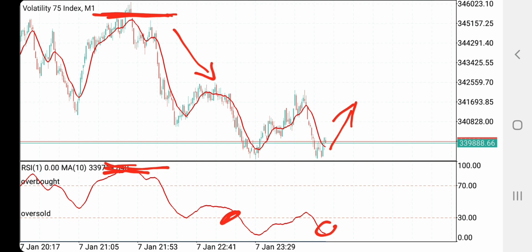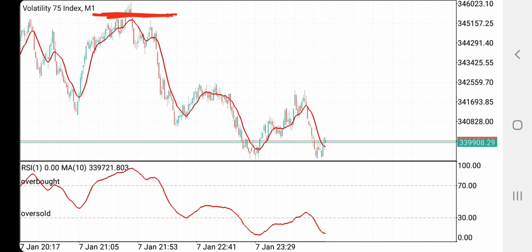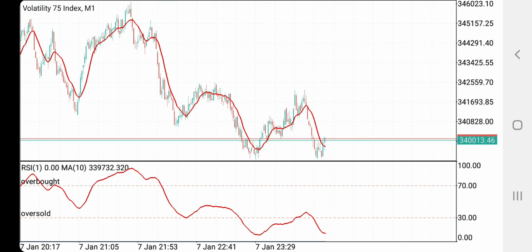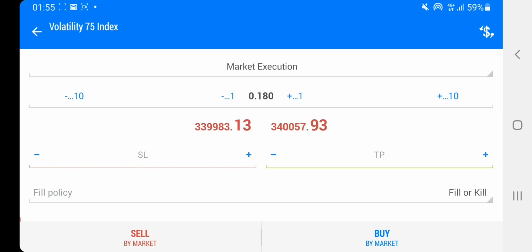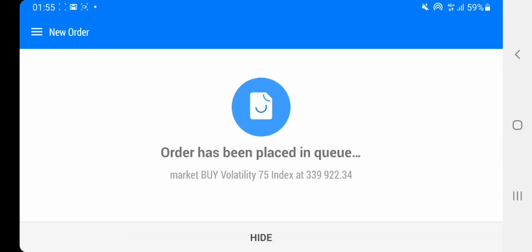So I will basically buy. Let me just do this real quick. This is volatility index 75, one of the fastest moving markets. So I will buy.